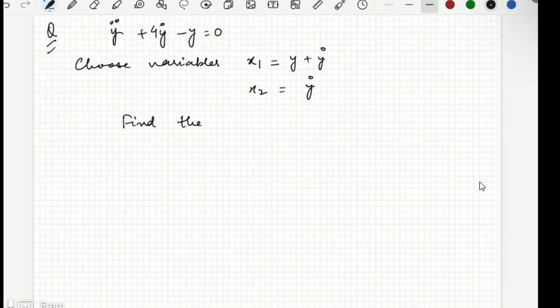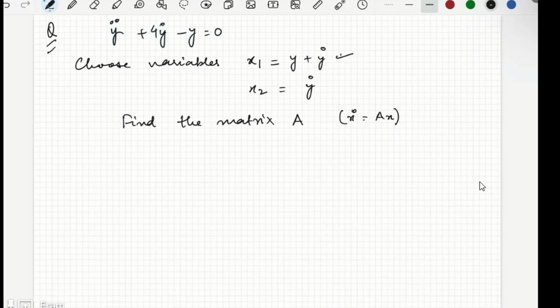Find the matrix A, that in x dot equals to Ax formalism, find out the matrix A if we have performed this transformation.